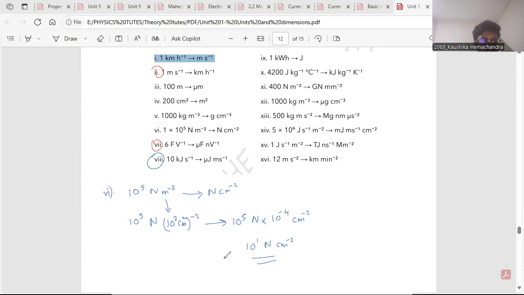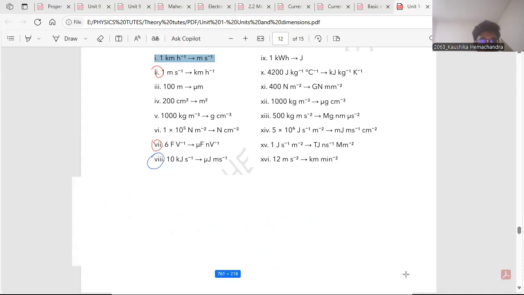Can we check it? Because you have sent different answers, so check. 10 kilojoules per second going into microjoule per millisecond.